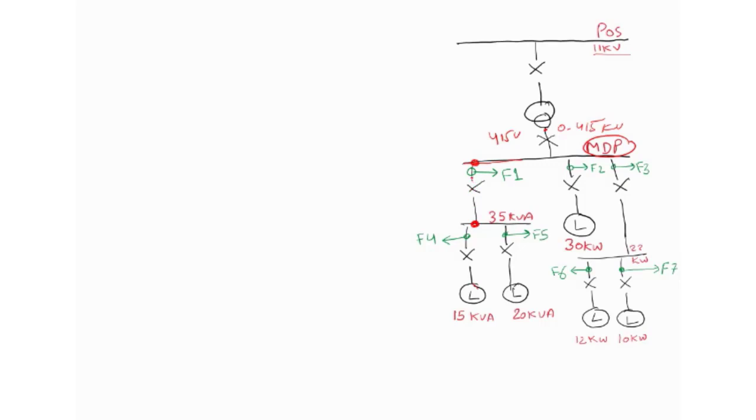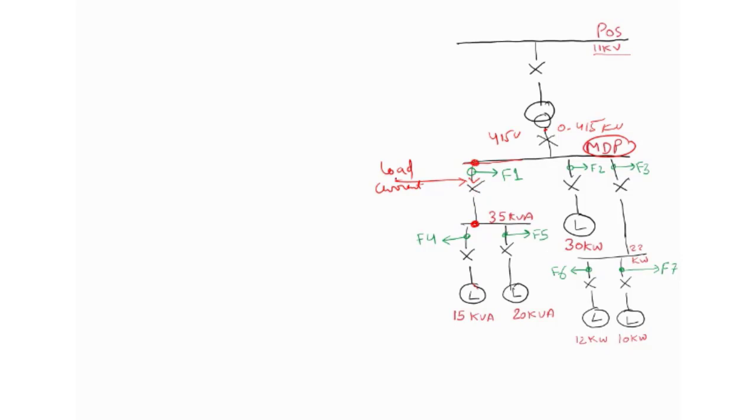The size of this cable and circuit breaker will be selected based on your load current, the load current or circuit current. The current that will flow through this cable or through this circuit breaker under normal condition will be your load current, which you can also call circuit current or branch current.